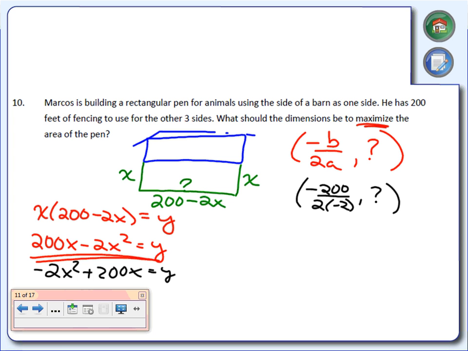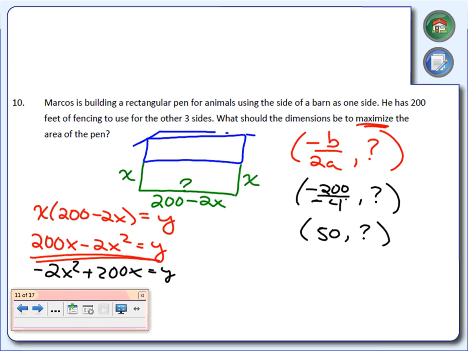And 2 times negative 2 would make this a negative 4. And negative 200 divided by negative 4 would result in a what? Positive 50. So we know what the x value is. We know it's 50.